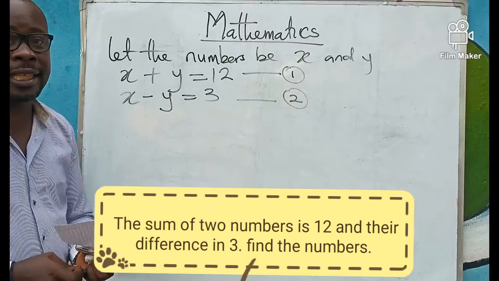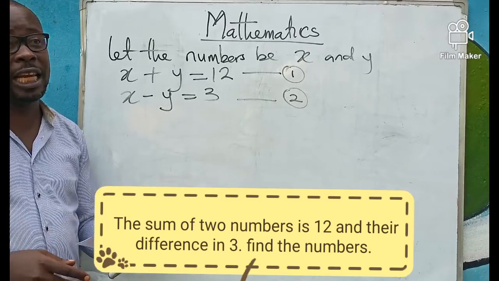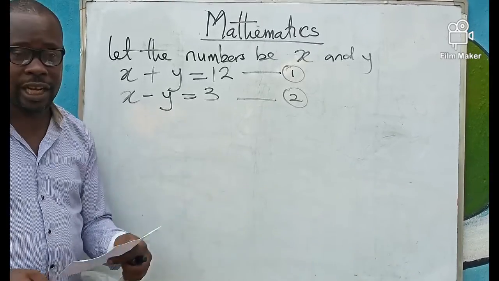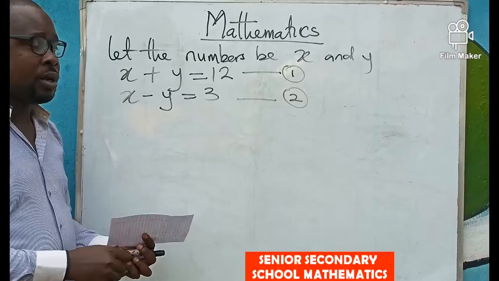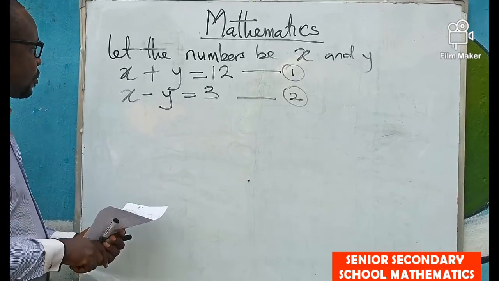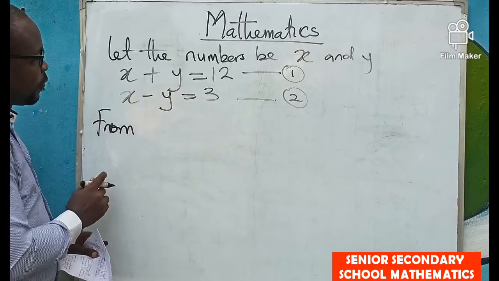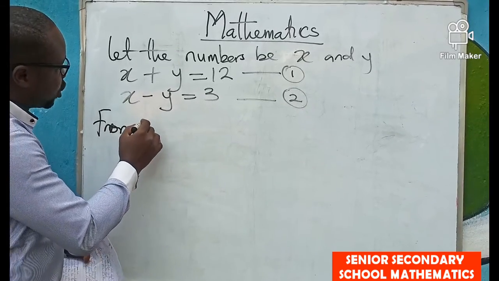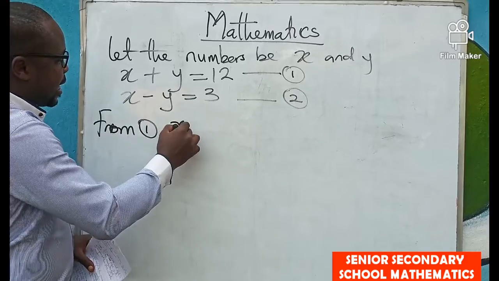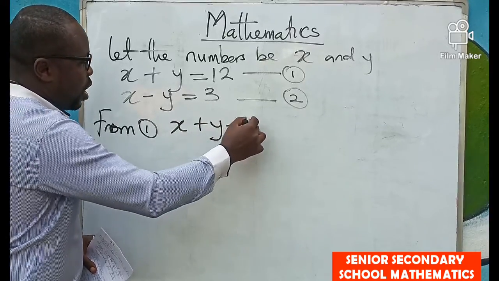And last time we solved many questions using elimination. Yes. So we'll be substituting now. In this case, we want to take the value of x from equation 1. So from equation 1, x plus y is 12.